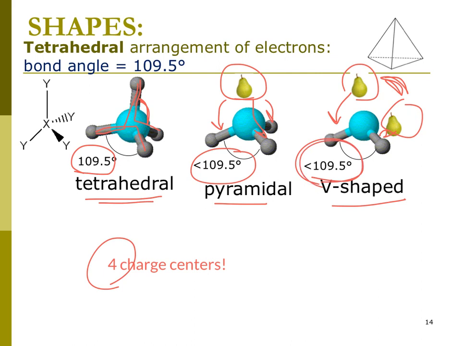So another way to show that you understand that the V shape is pushed even more so than the pyramidal shape is by using two less than signs in front of it. And that's the way that you're going to see it when we look at a table in a few minutes. So we have 109.5 for the tetrahedral, less than 109.5 for the pyramidal, and even less than 109.5 for our V shape.